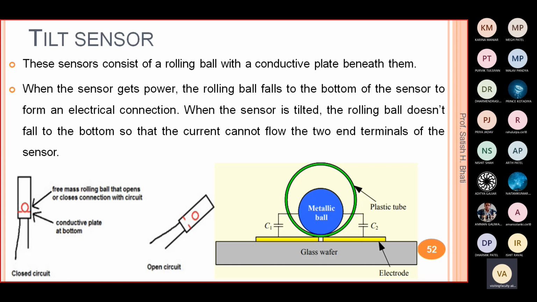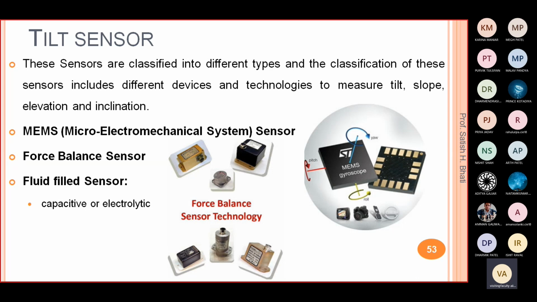Based on that, it will tell the tilt, how much the ball has moved in some direction. Based on that, your sensor will give you the reading of the tilt, or the inclination.